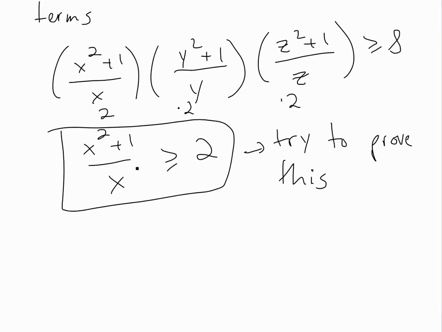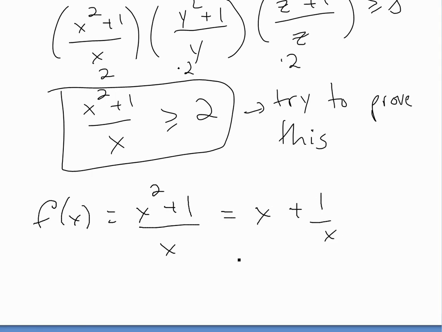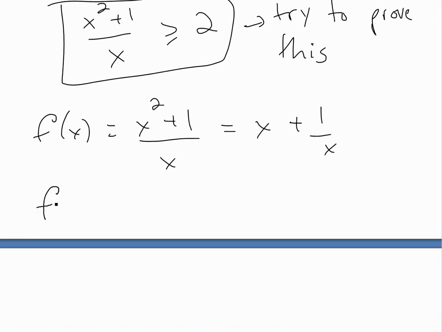And you could do it two ways. You could use calculus: consider f of x equal to (x squared plus 1) over x, and you're just trying to minimize the function. We divide it out: f of x equals x plus 1 over x. If you take the derivative to find the minimum, the derivative is 1 minus 1 over x squared.